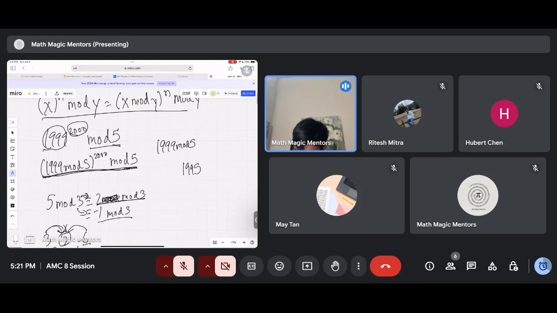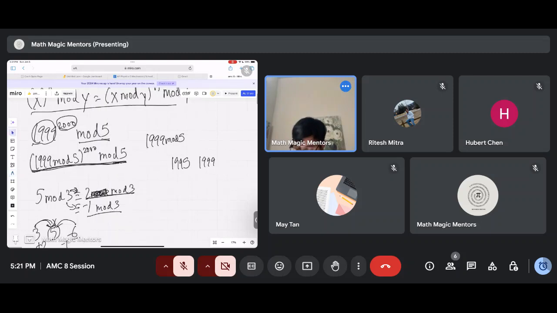You could either go from 1995 to 1999, which is a jump of positive 4. So you can have 1999 is congruent to 4 mod 5, right? Perfectly logical, reasonable, right? And you could just say that this is 4 to the 2000 mod 5.